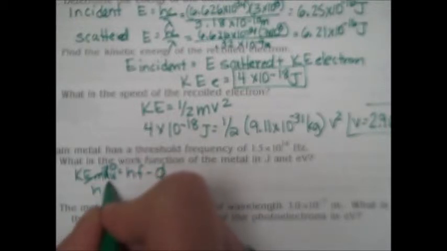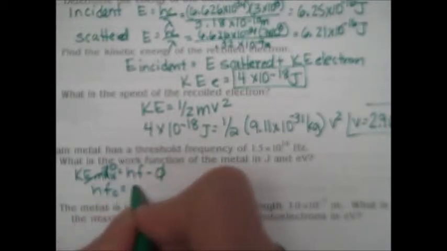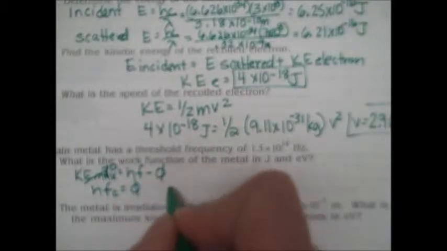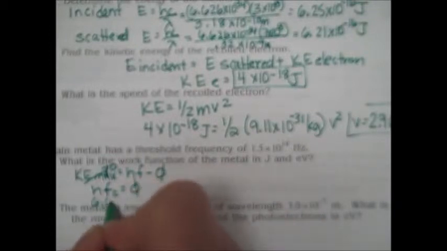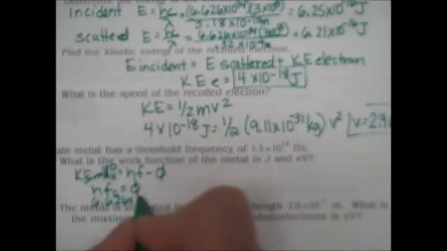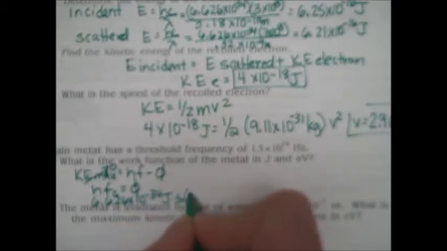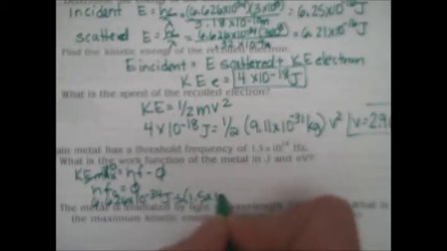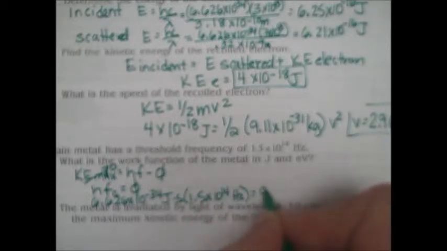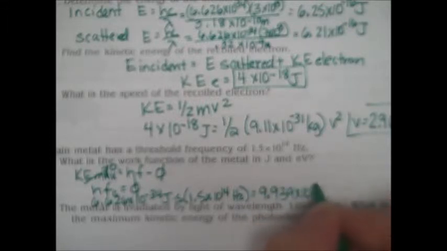So h times the cutoff frequency or threshold frequency would equal phi. So 6.626 times 10 to the minus 34 joule seconds times 1.5 times 10 to the 14 hertz would give me 9.939 times 10 to the minus 20 joules.